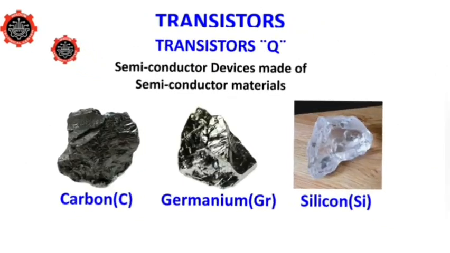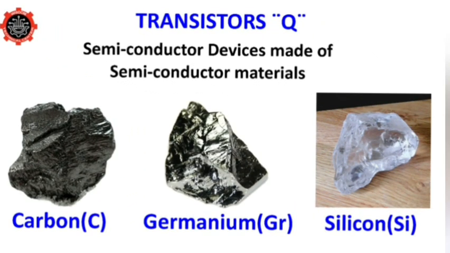The characteristics of a semiconductor material differ from those of an insulator and a conductor. There exist three pure semiconductor elements, which are carbon, germanium, and silicon.